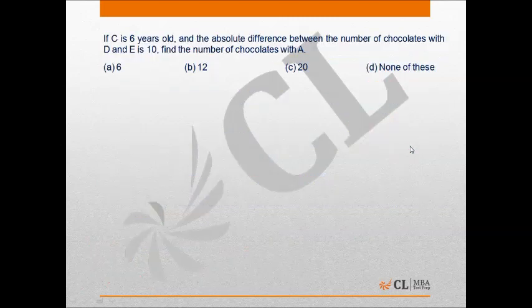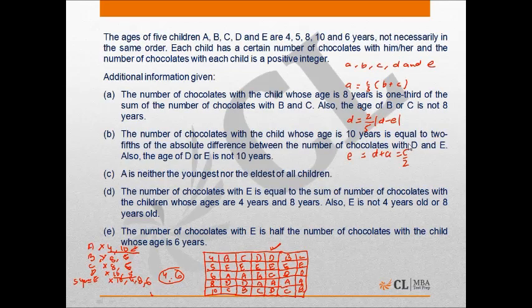And in the first question, it is given that the absolute difference between the number of chocolates with D and E is 10, which means 2 by 5 into 10.